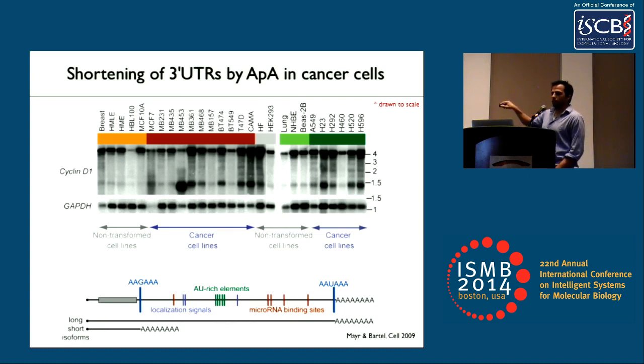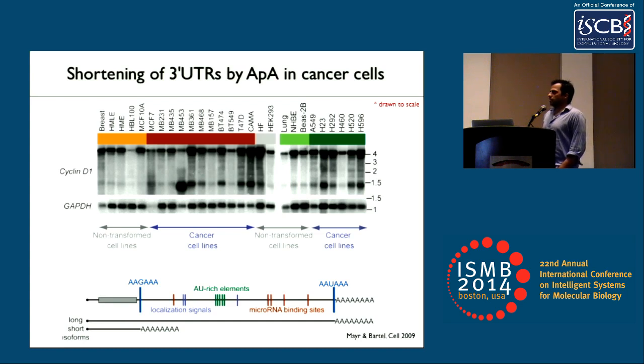The light colors are normal tissues, normal epithelial cell lines. The dark are a transformed tumor line. And what we see is this top band is a full-length cyclin D1. This fast-migrating band at the bottom is the short form of the same gene, different only in the 3' UTR. And she found that there is an enrichment of expression of the short form of the UTR in cancer lines when compared to the normal.